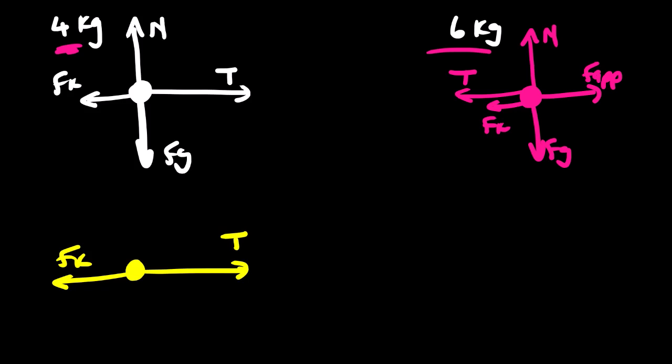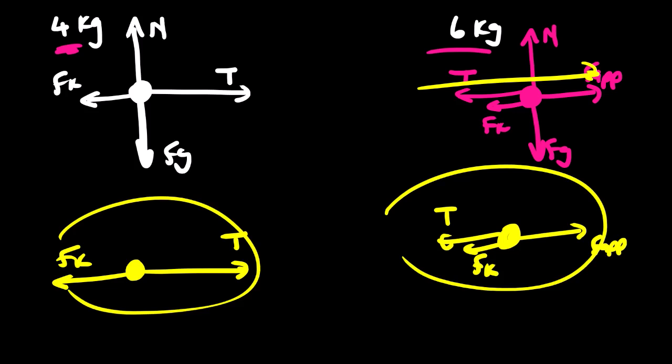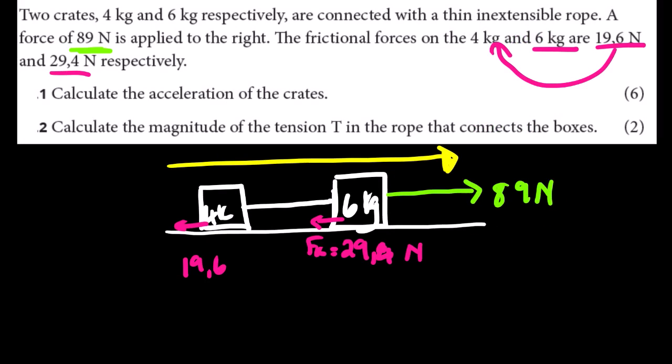Looking at our next object, if this is the displacement, we have the applied force, which is parallel to the displacement, tension, and kinetic friction. So these are the forces that will take part in F net equals ma. Now we are starting to answer the first question. We need the acceleration of the blocks.